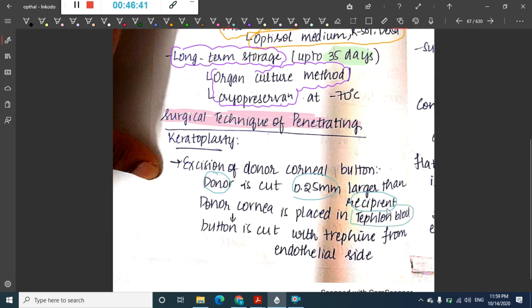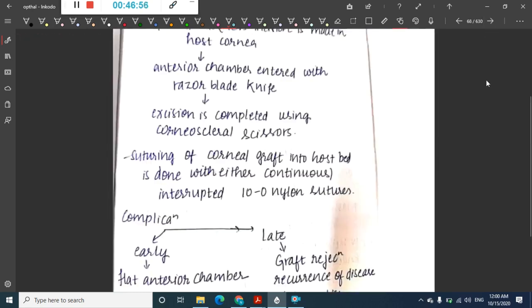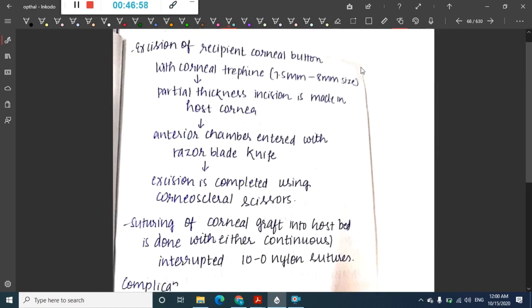After cutting the donor cornea, you will place it in a Teflon block. The button is cut with a trephine from the endothelial side. Then excision of the recipient corneal button is done.